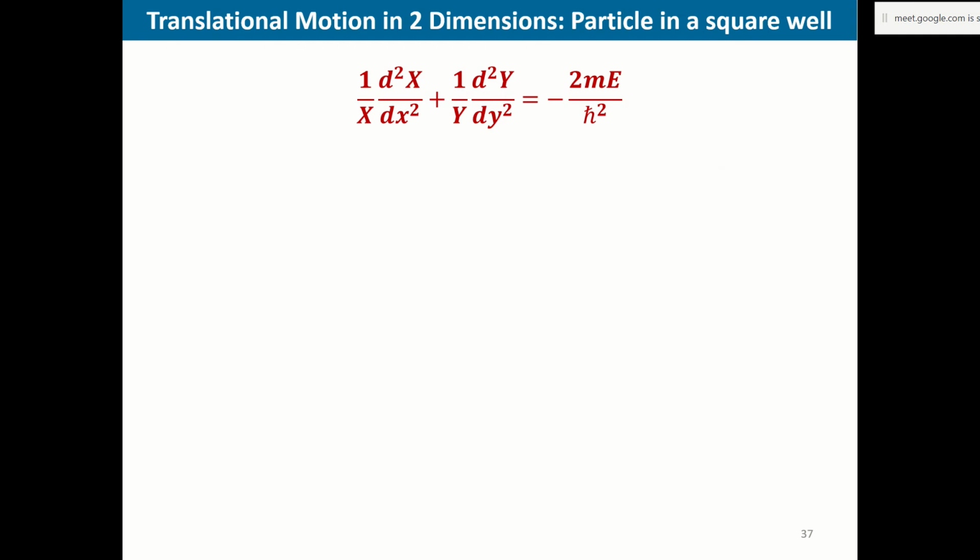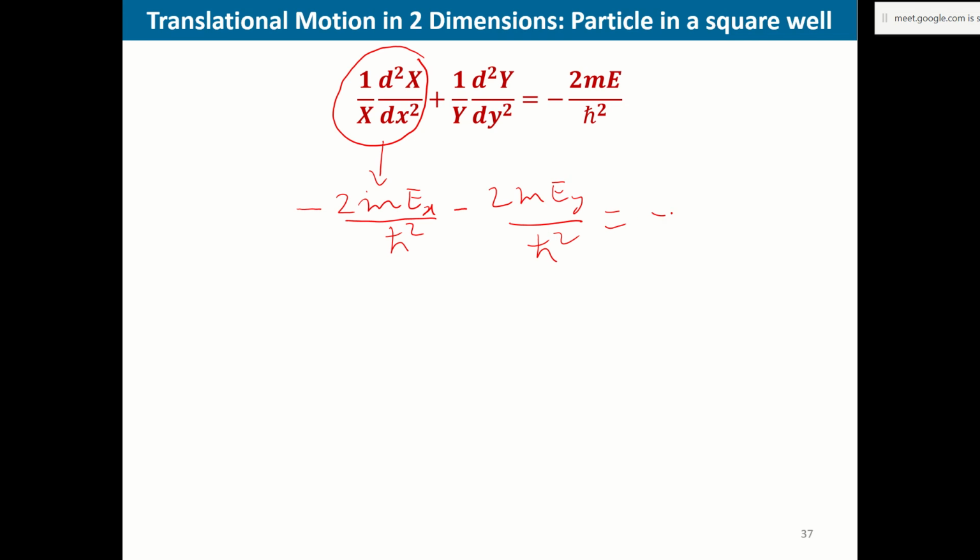So this term is a constant, minus 2 m Ex by h cross square, and minus 2 m Ey by h cross square, something like this should be equal.